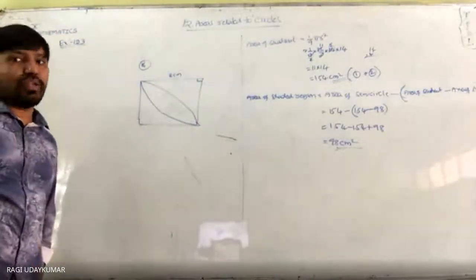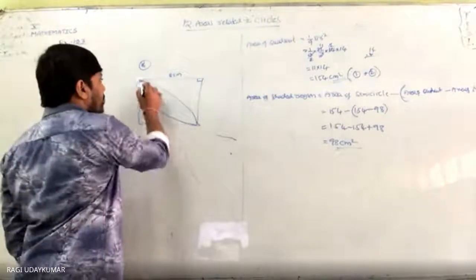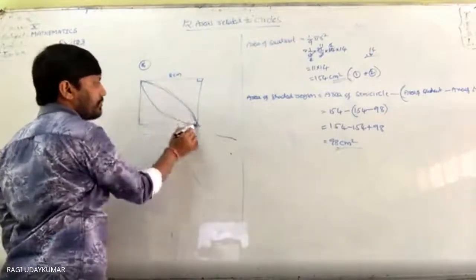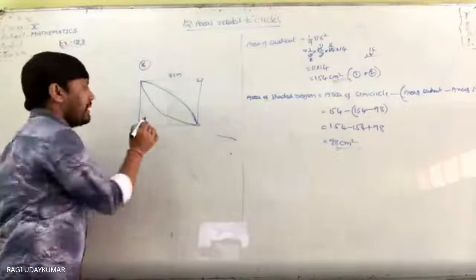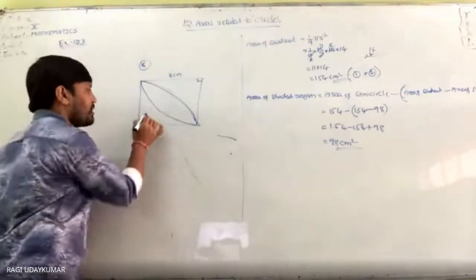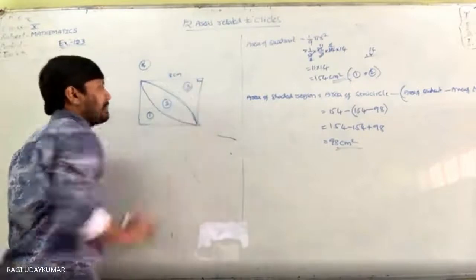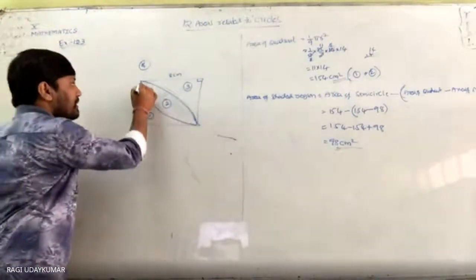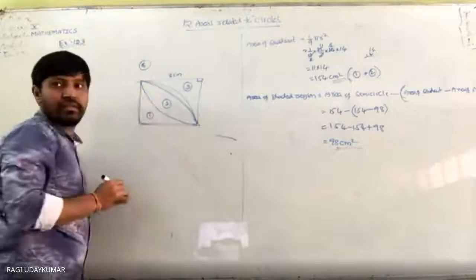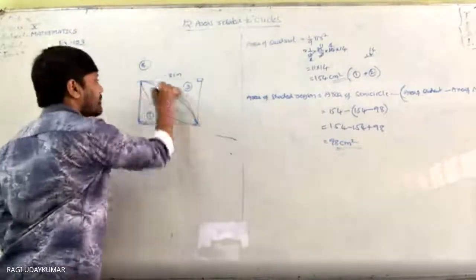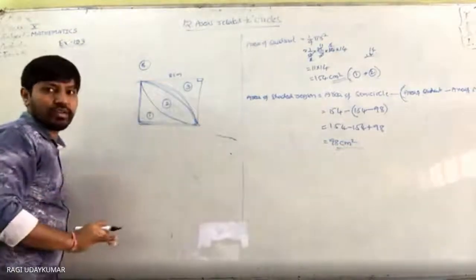Two quadrants are mentioned. So if you take this as a quadrant, to avoid confusion, let us call these region 1, region 2, and region 3. Area of this quadrant you can find out now.